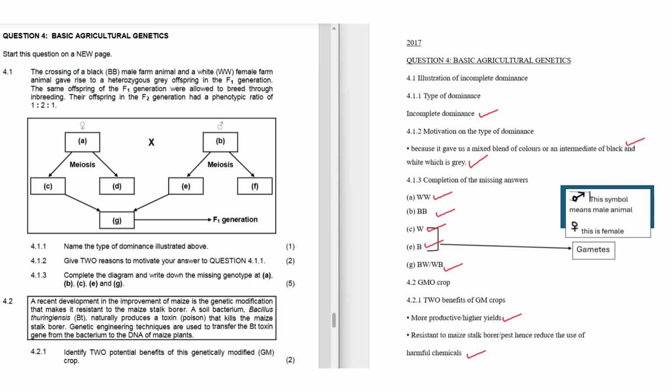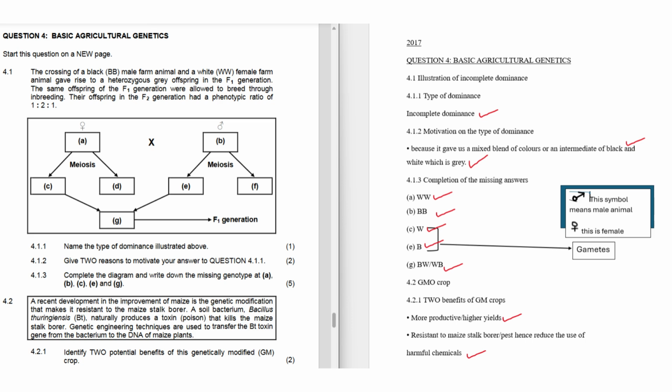Because the offspring is heterozygous gray, but we know that the parents are black and white. And this offspring didn't take any of the parents' color. This offspring has a mixed blend of the color of both parents.